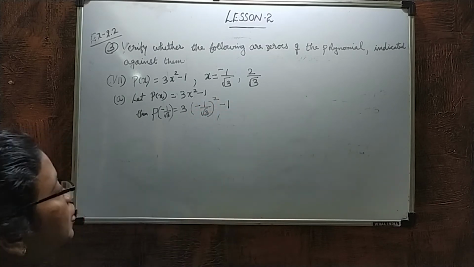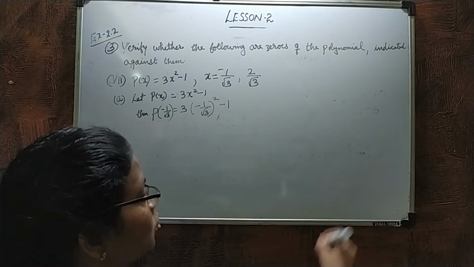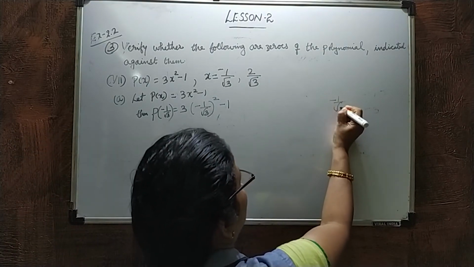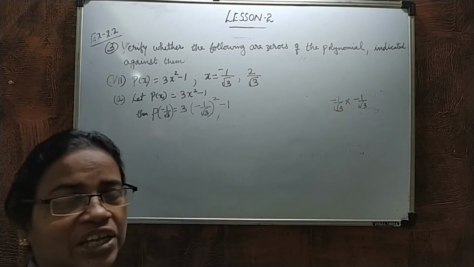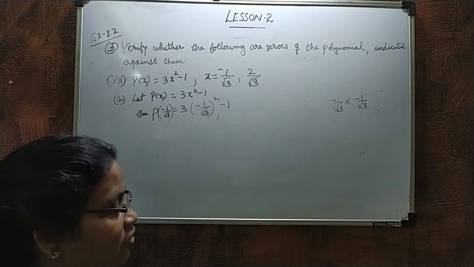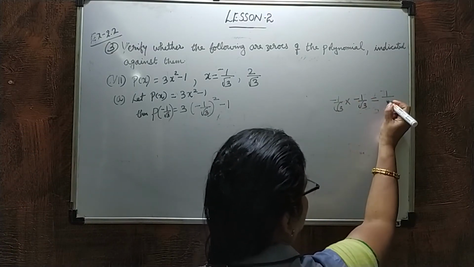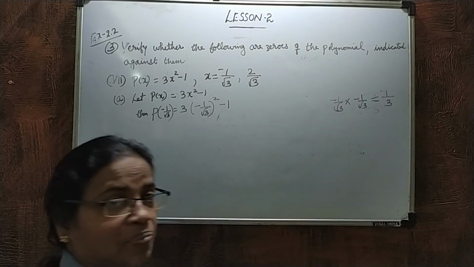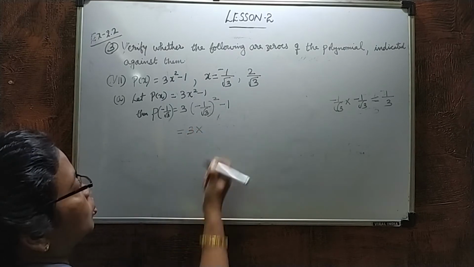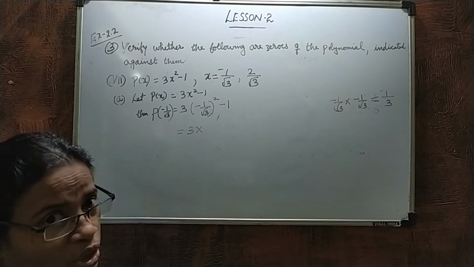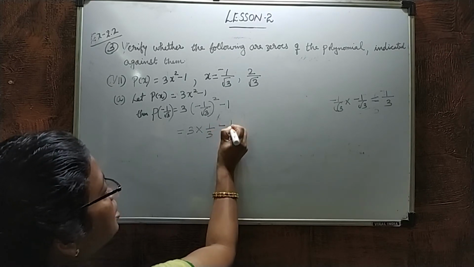square minus 1. Okay. Next one, negative 1 by root 3 square means what? Negative 1 by root 3 into negative 1 by root 3. Negative into negative, positive, and then what? Numerator to numerator, 1, root 3 into root 3, 3. Positive 1 by 3 you will get. So, here it is 3 into, now 1 by 3 has no exponents, so it will be 1 by 3, minus 1.